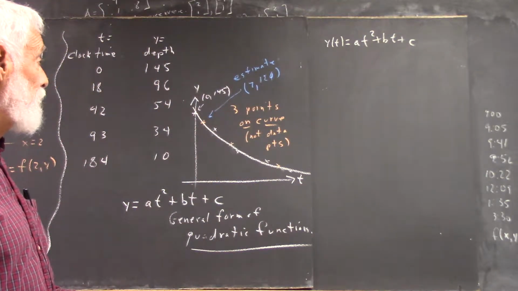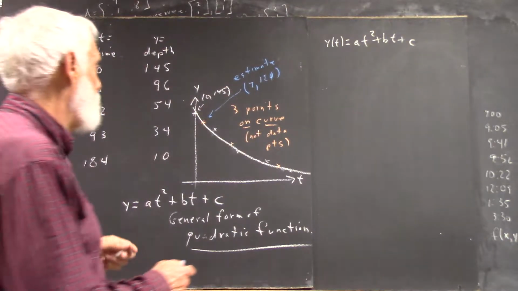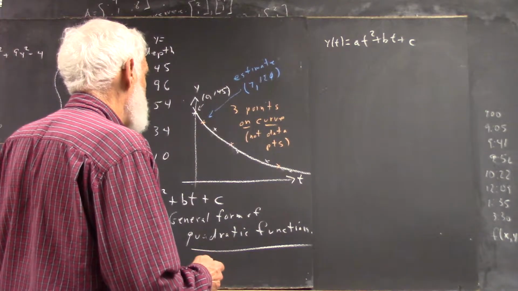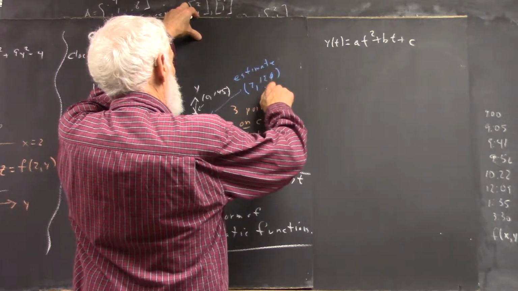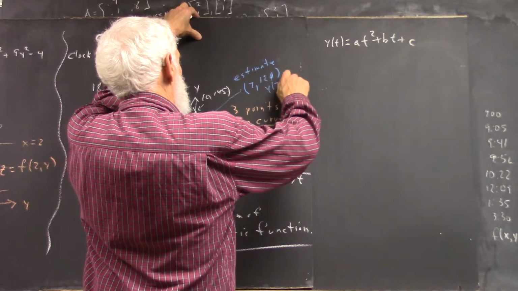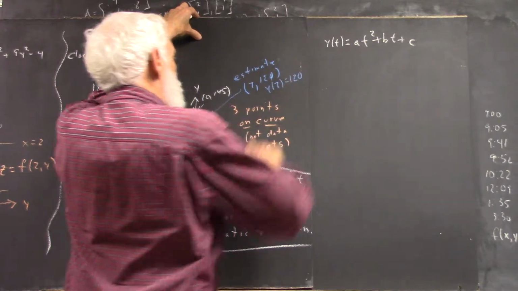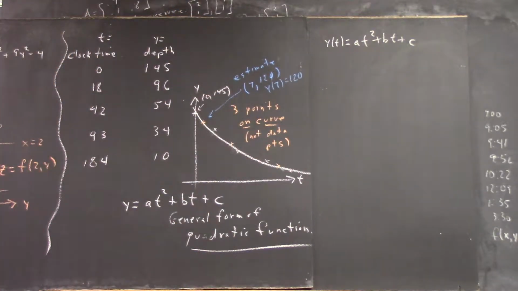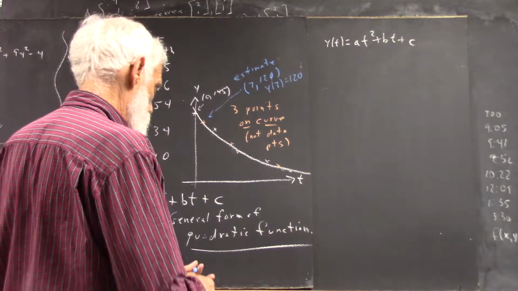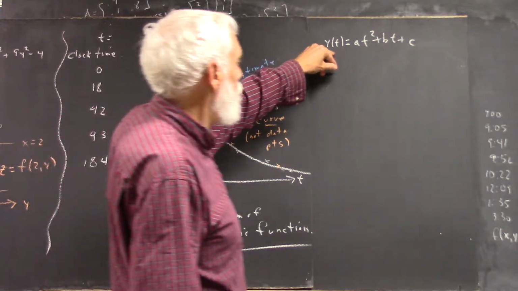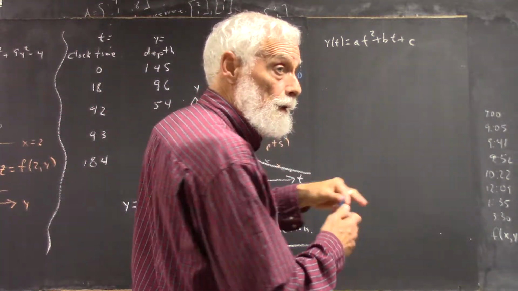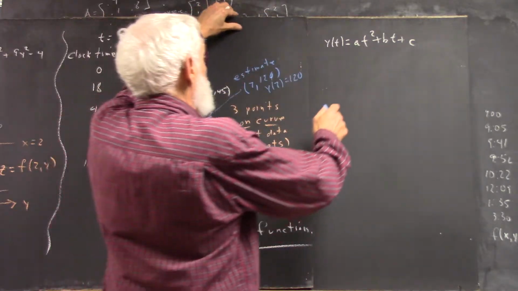So we can now say that, first of all, y of 7 is 120, right? In function notation, okay? So if we plug in 7 and 120 over here, what do we get?